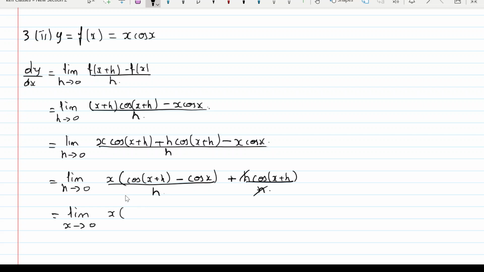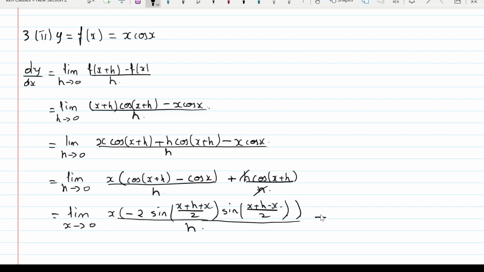So cos plus cos is cos cos, but cos minus cos is sin sin with a negative sign. So it's minus 2 sin c plus d, x plus h plus x upon 2, sin c minus d, x plus h minus x upon 2, okay, divided by h.